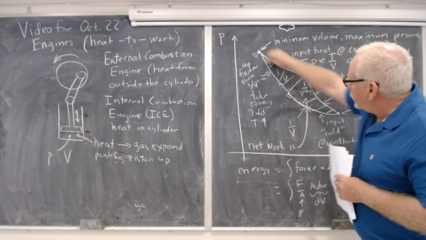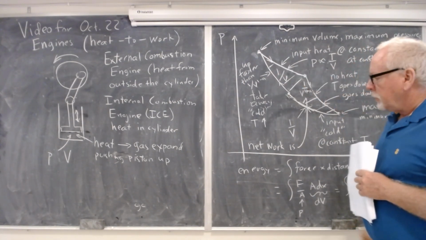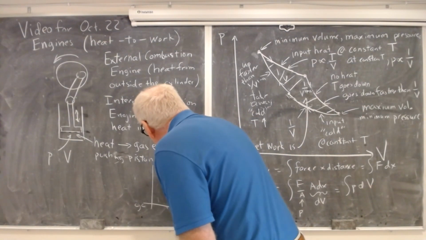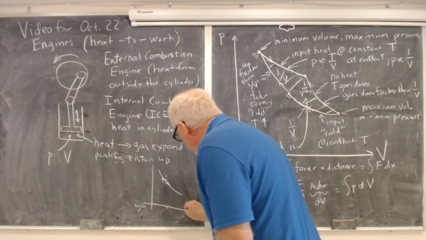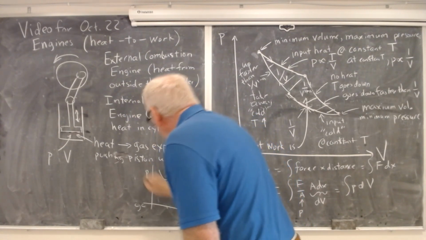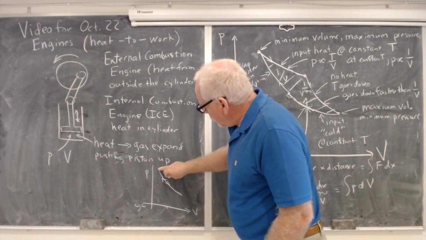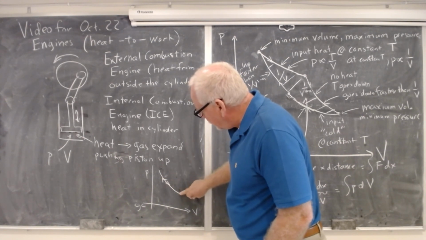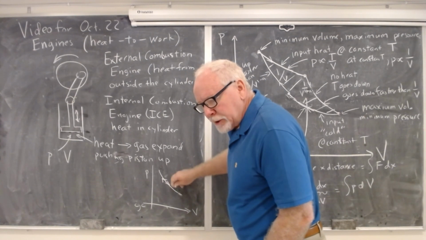If you went down and up on the same curve, there would be no work being done. Let me draw that over here. If I made some stupid engine where it went down that way and went up the same curve, the work being done by the gas on the piston in this step would be canceled out by the work being done by the piston on the gas in this step, and you'd never get any work done.